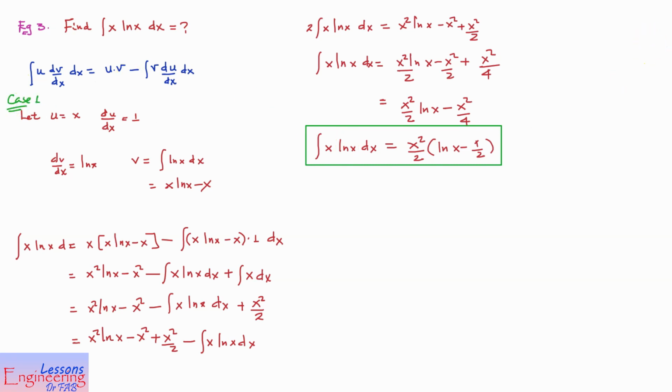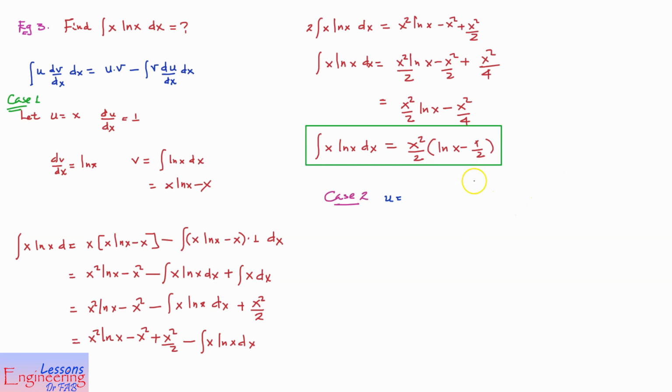So in the second case, case 2, we said that we'll be assuming this time u to be not x but ln x. So remember, that is our original problem.